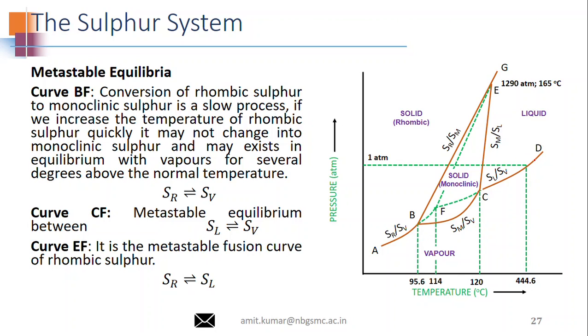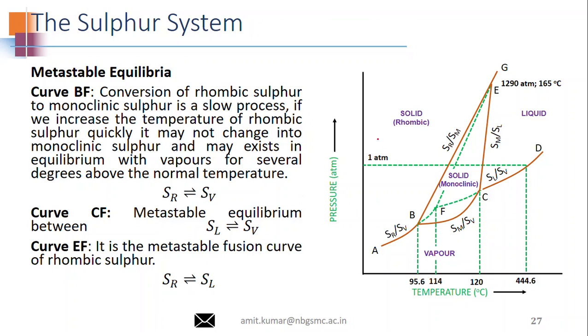Similarly, if we decrease the temperature suddenly from point D to C, we can have a curve like CF. This is the metastable equilibrium between sulfur in liquid state and sulfur in vapor state. We can also have a curve EF, which is the metastable fusion curve of rhombic sulfur and liquid sulfur. So these curves represent the metastable equilibrium states.